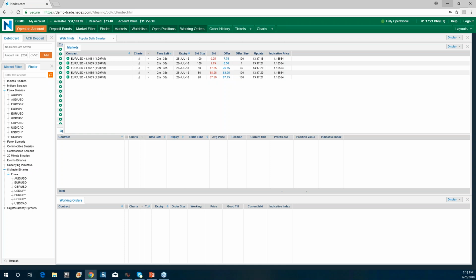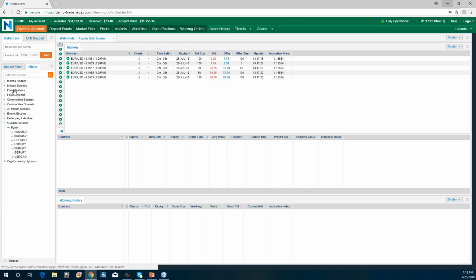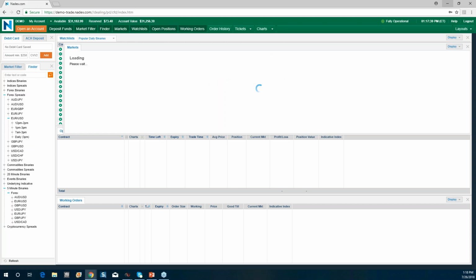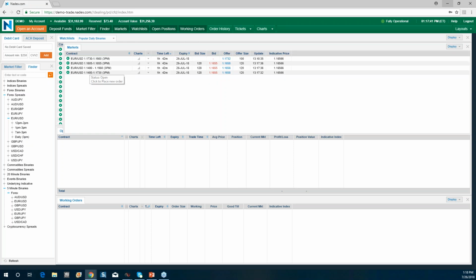In addition to that, I'm just talking about binaries. Now let's hop over to forex spreads and pull up the euro dollar. And what do I have there? Same kind of situation. I've got spreads from 12 to 2, 1 to 3, 7 to 3, and the dailies. And inside of all that, I've got multiples to choose from with different floors and ceilings, different lists, different expirations.